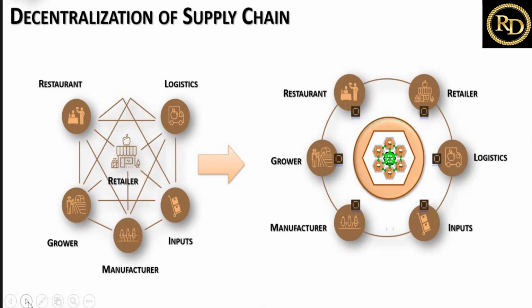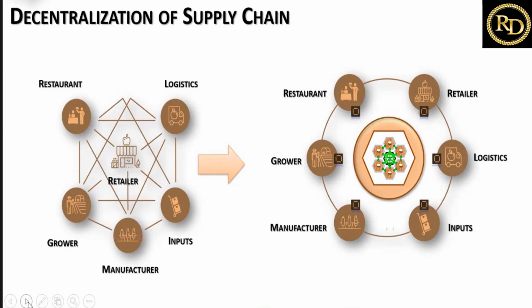Now all of these can become nodes of a blockchain, and you can streamline the whole value chain very easily, where all the data is stored coherently on the blockchain, and only the data relevant to you is made available to you. For example, a grower can see who is buying his product, and there is no problem of trust, because trust is decentralized and taken care of by the blockchain.